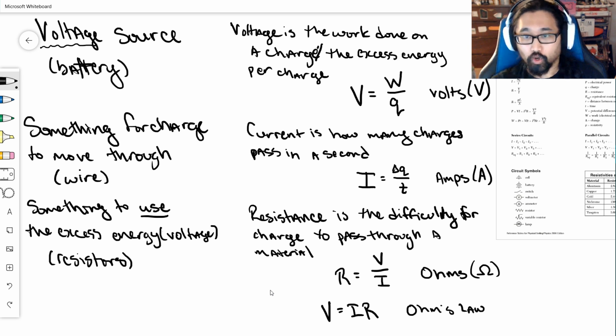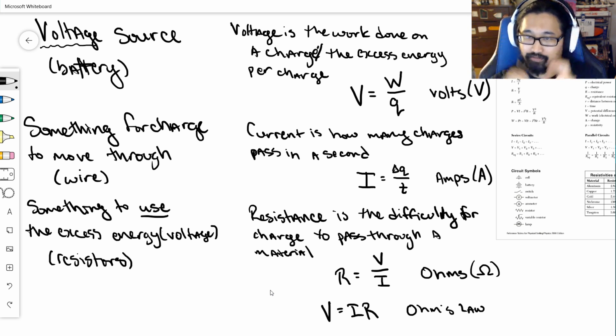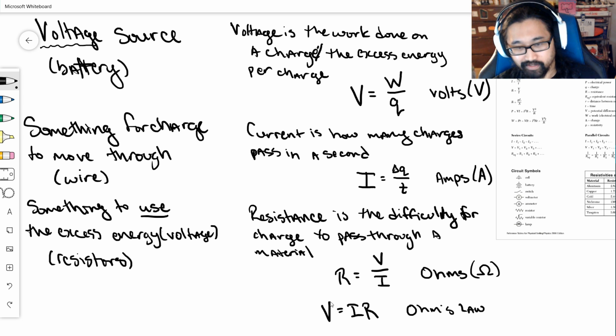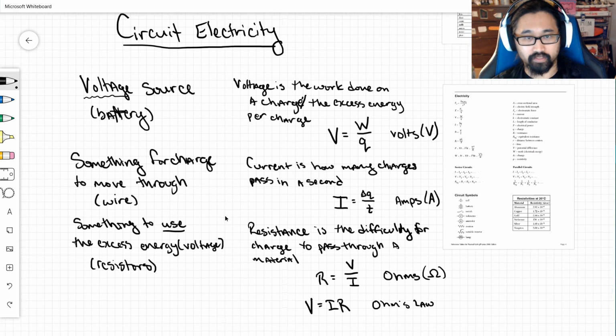So, ohms. Now, these three equations, one, two, three, technically four, right? I'm sort of counting this as a separate equation, but these equations constitute the basics of circuit electricity and how things are related, right?